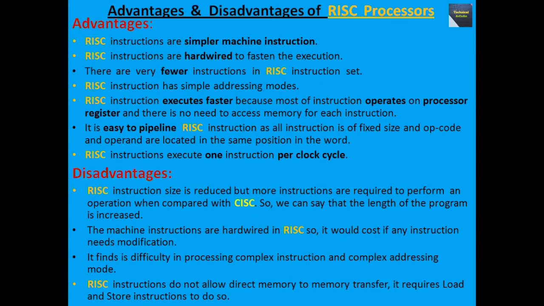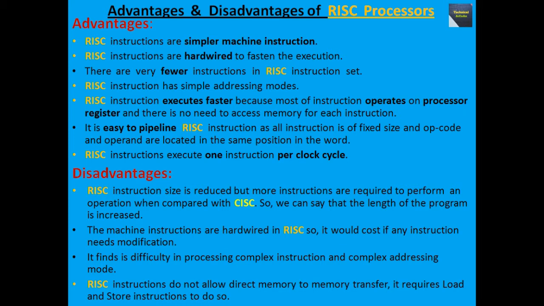Now we talk about advantages and disadvantages of RISC processors. At first we talk about advantages. RISC instructions are simpler machine instructions. RISC instructions are hardwired to speed up execution. There are far fewer instructions in the RISC instruction set. RISC instructions have simple addressing modes.